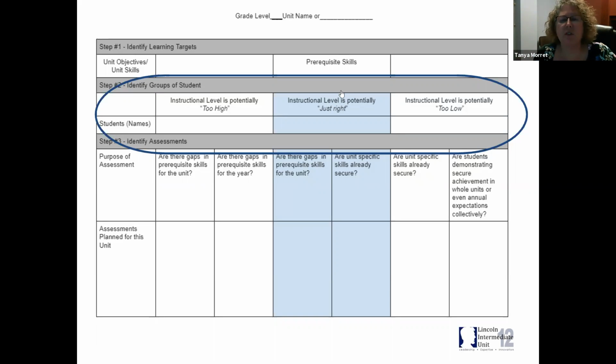These are our students who are on level, these are our students who are potentially above level, and these are our students who are below level. But within each of these columns we've got some gradations, right? For instructional levels potentially too low, we have some for which it's a little low and some for which it is really too low because they are so far ahead. So this is really where we start.